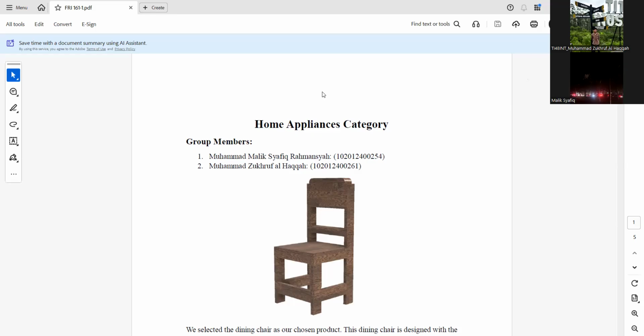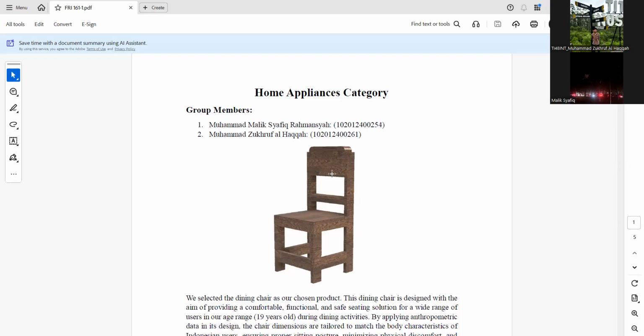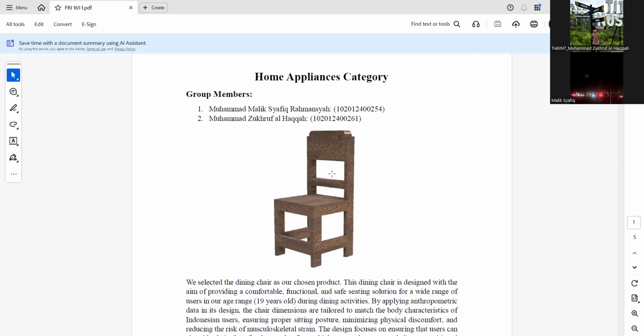We selected a dining chair as our product because it is a commonly used household item that directly affects comfort, posture, and safety during daily activities.